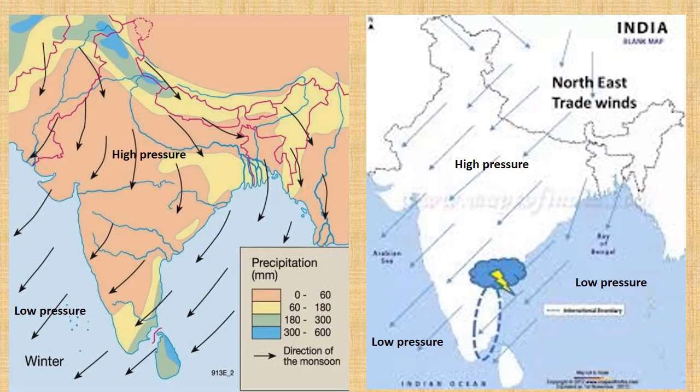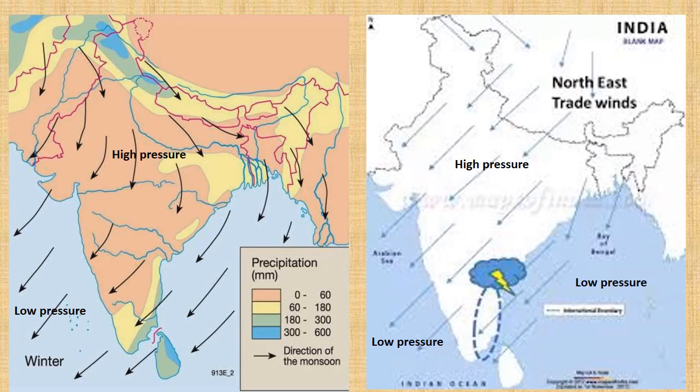The winds which enter India in cold season are the northeast trade winds. These winds, if you look at the right hand side map, travel from Central Asia and enter India from the northeast direction, and that's the reason they are called northeast trade winds.